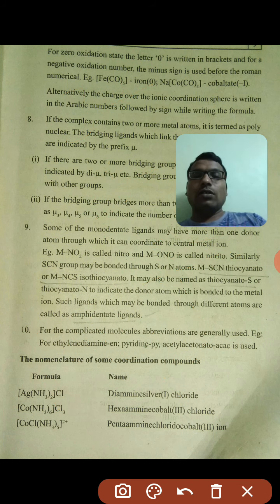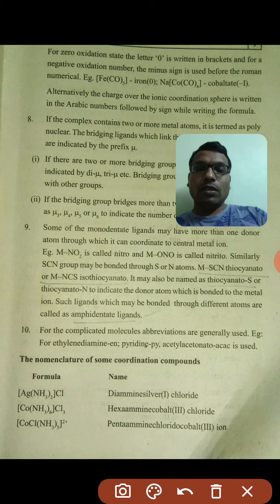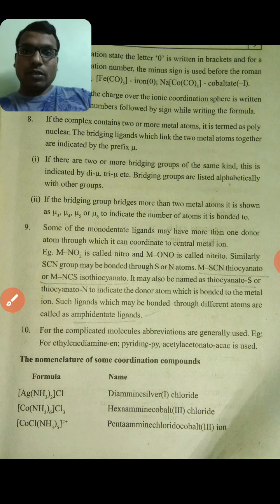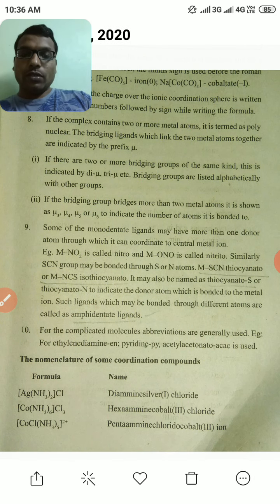Next we'll go for some more examples regarding the IUPAC rules. First we'll go for the first one.